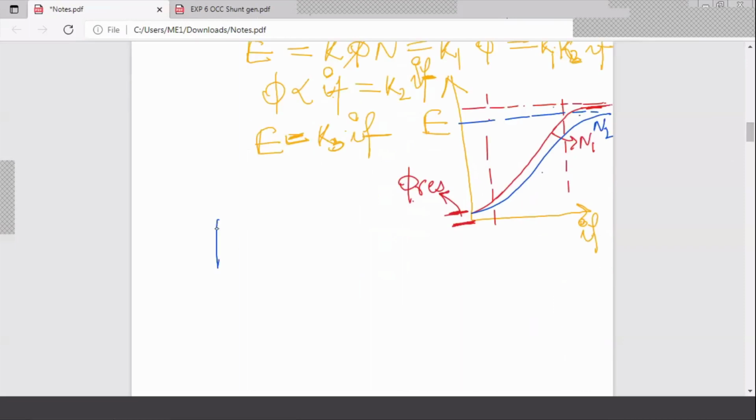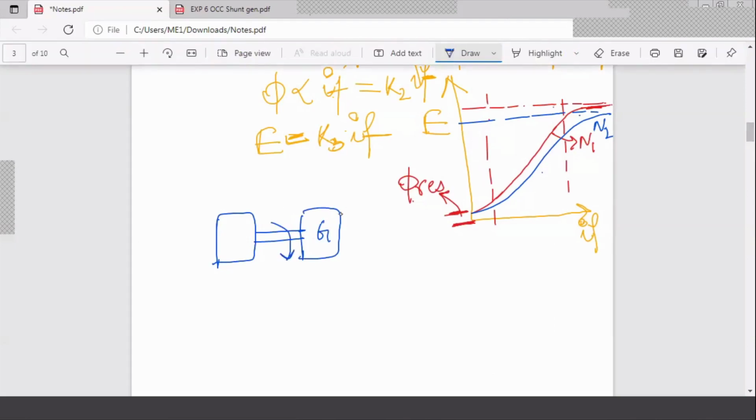So this is, for example, our generator, G, but it should get some rotation here, and we need to measure this characteristics, the generated EMF EG versus the field current IF, the current flowing in the field. This characteristics we should plot, E versus IF. But to rotate this, it should get some mechanical energy to rotate the shaft.